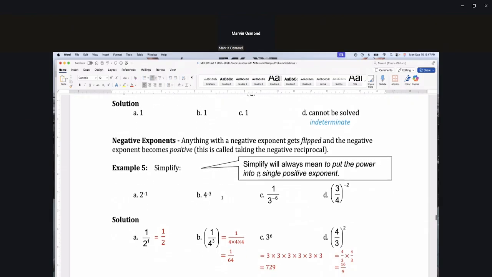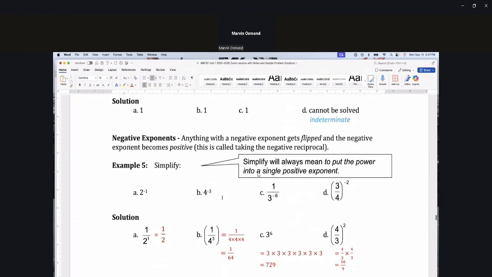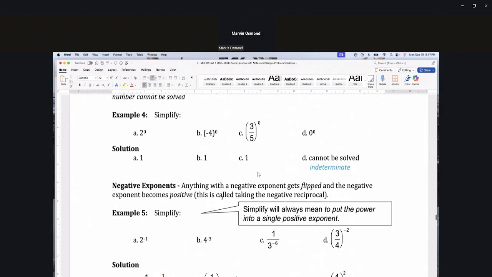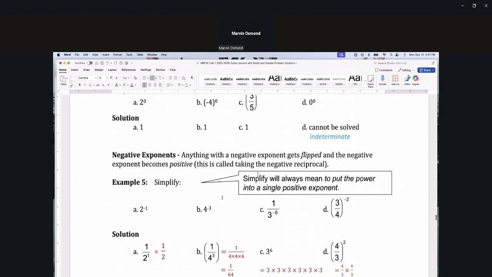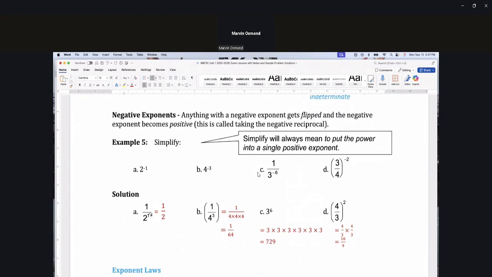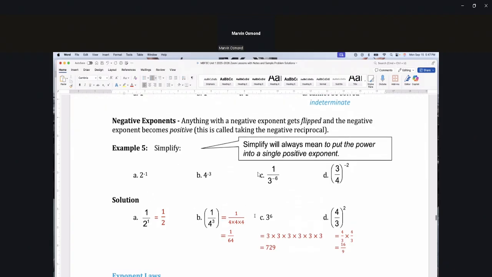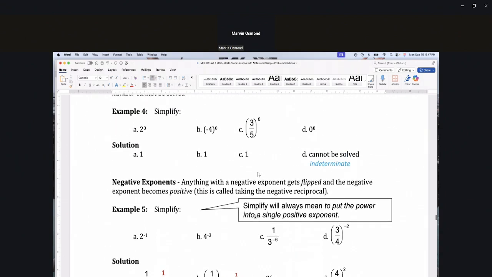Simplify, in the material that you received, said that we simplify when we have a positive exponent, so no negative exponents. But really, simplify means we want to work it down and get a numerical answer like we did up here.